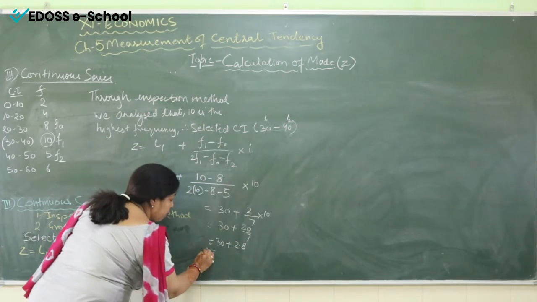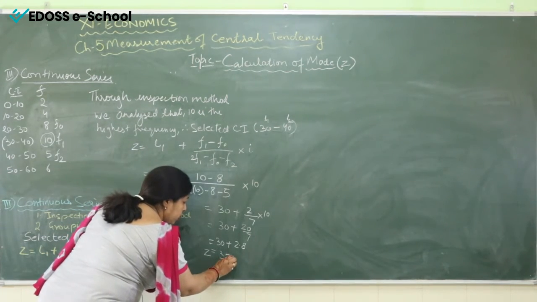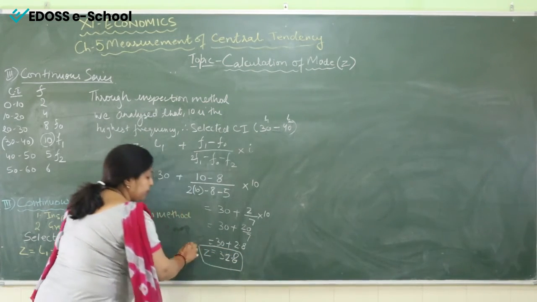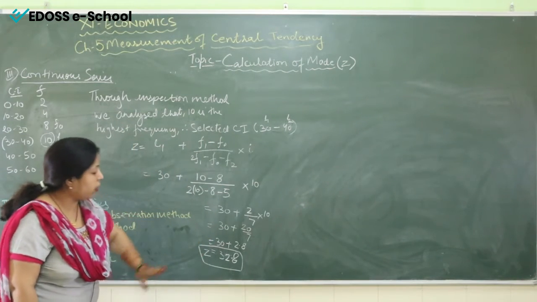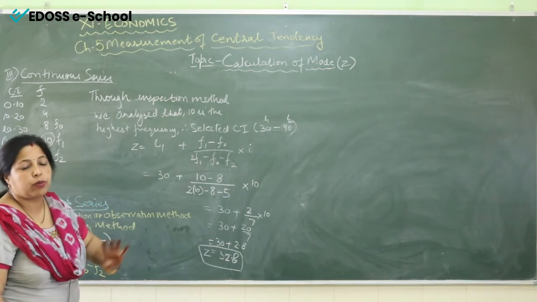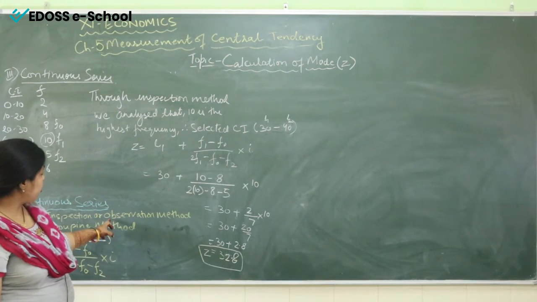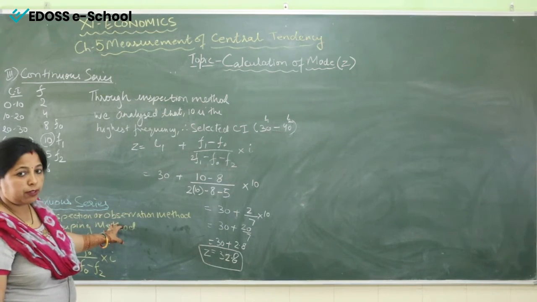So the answer of mode will be 32.8. This is how the mode of a continuous series is calculated through the inspection method. I hope you have understood the calculation of mode according to the inspection method.